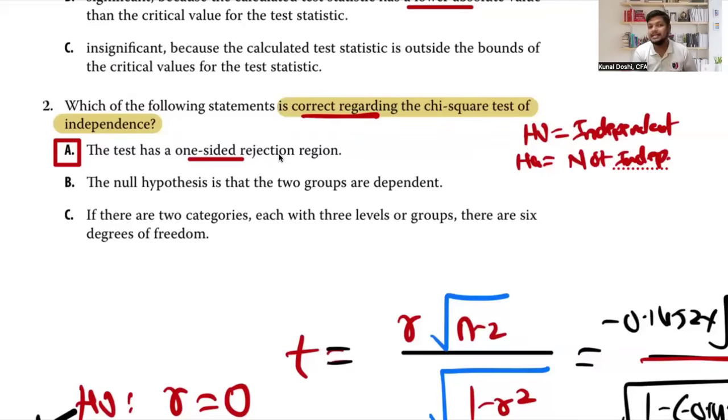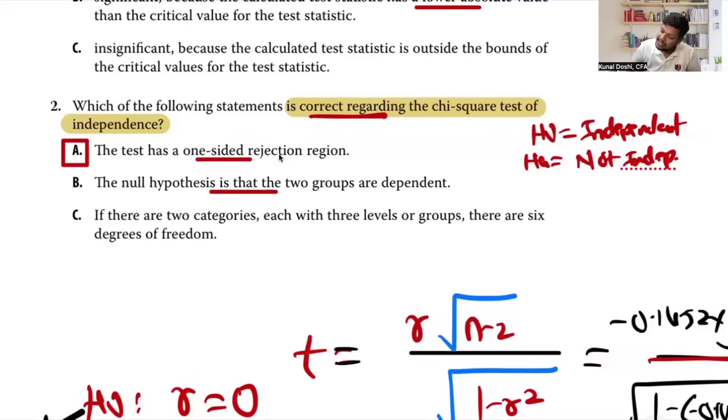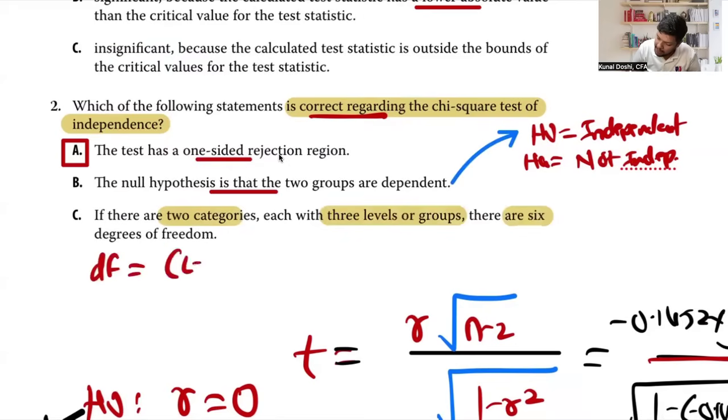But let's see why B and C are not the answer. B says the null hypothesis is that the two groups are dependent. No, the null is that the two groups are independent. So B is wrong. C says if there are two categories with three levels or groups each, there exist 6 degrees of freedom. No. In the test of independence, the degrees of freedom are columns minus 1 times rows minus 1.